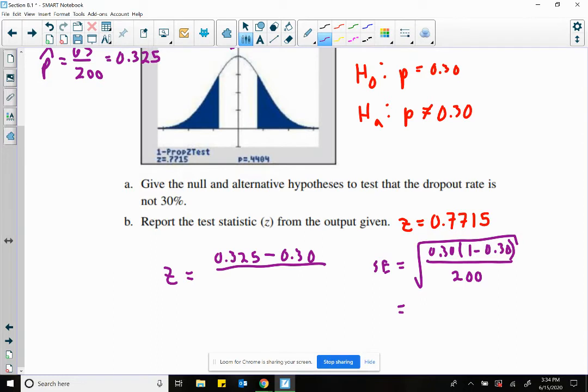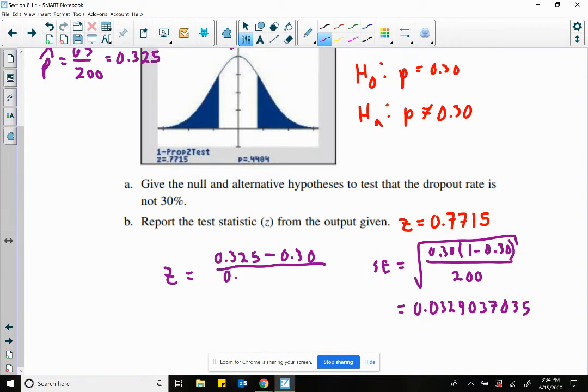So if we go to our calculator, second x squared for the square root, alpha y equals for the fraction, 0.30, parenthesis 1 minus 0.30, close the parenthesis, scroll down to the bottom, hit 200, hit enter, and we get this long decimal, 0.0324037035.